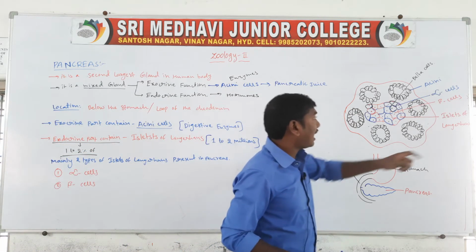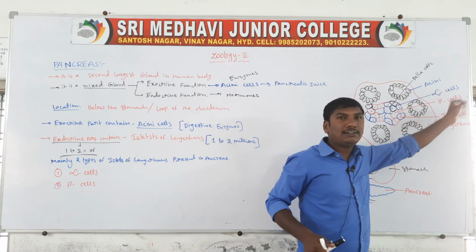So mainly two types: alpha cells and beta cells.